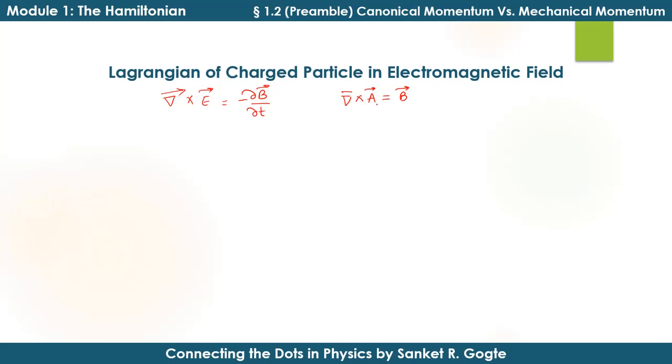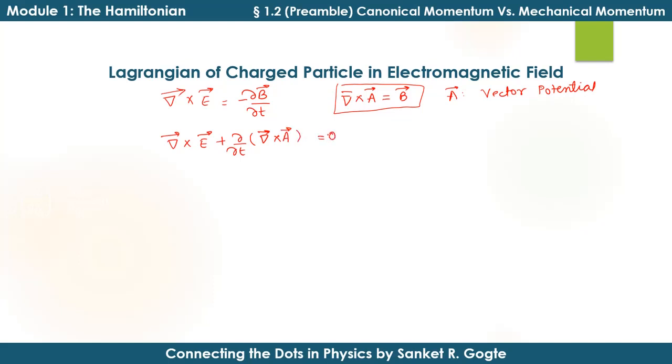For now, just consider this equation as the definition of A, which is called the vector potential, and let's continue with this derivation. So now I'll simply use the definition of vector potential and make some rearrangements to this equation.